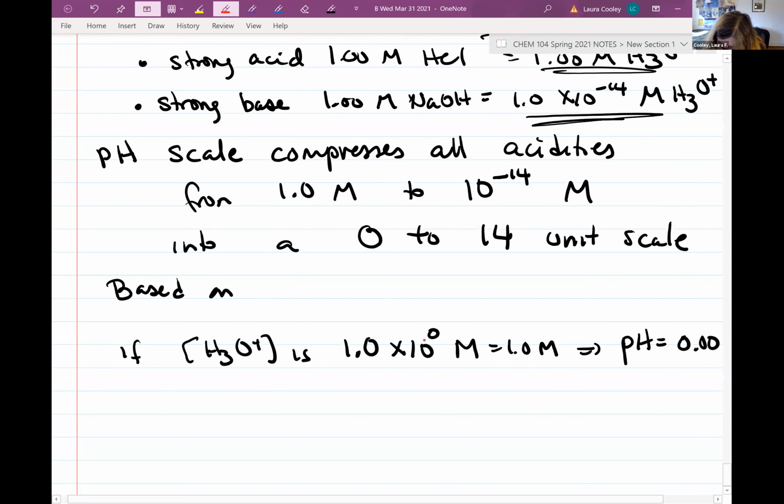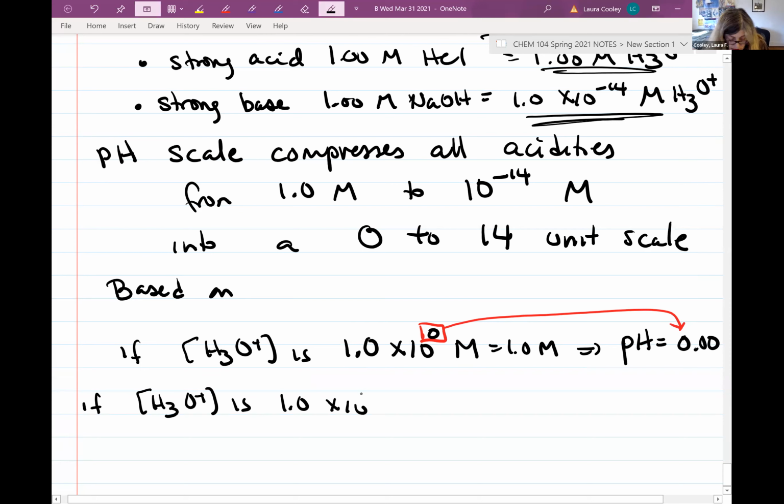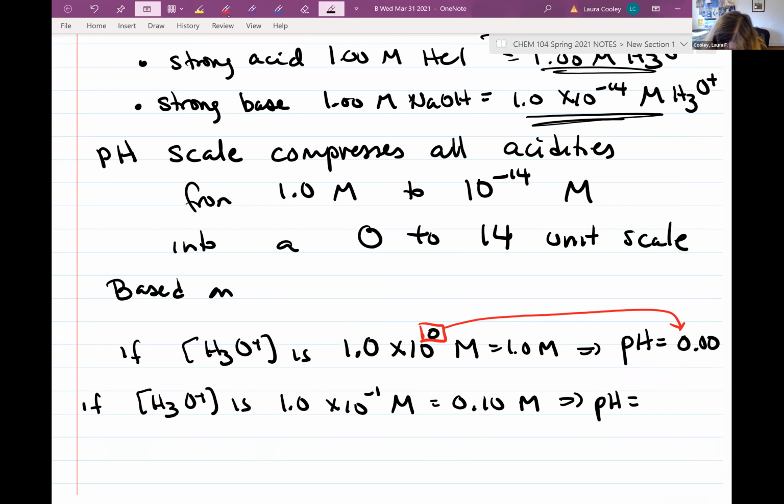The pH is based on the exponent when you write your H3O plus concentration in scientific notation. If the H3O plus concentration is 1 times 10 to the negative 1 molar, that's 0.10 molar, then the pH is, okay, it's 1.